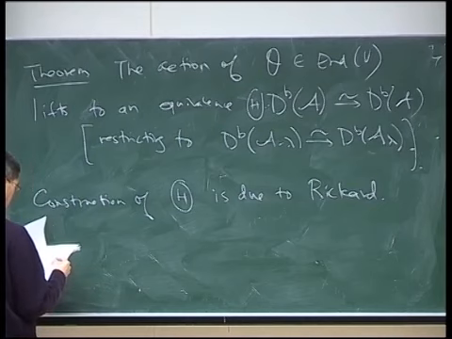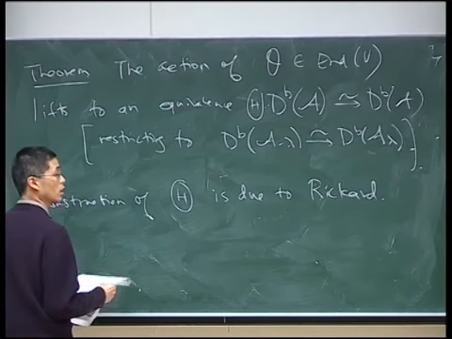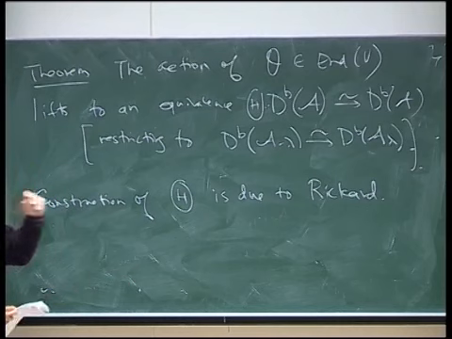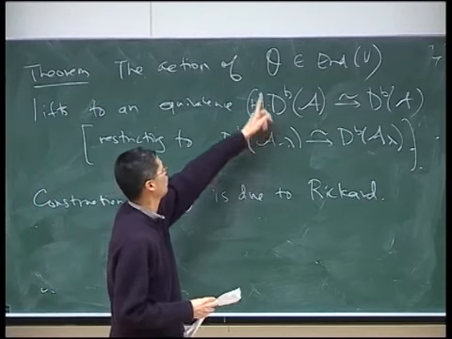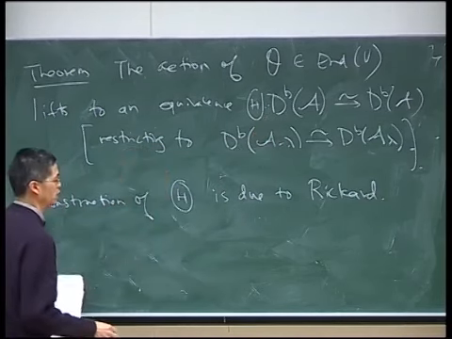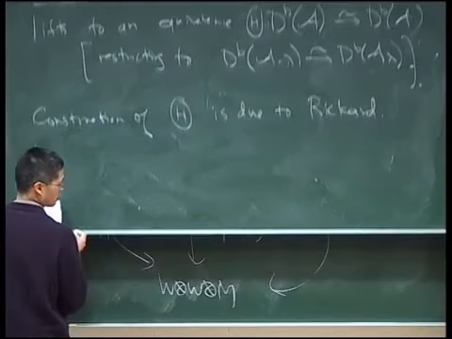I think I'll have to leave the construction of the derived equivalence to next time. But first, let me just say how one gets a start, and that's through the action of these affine Hecke algebras.